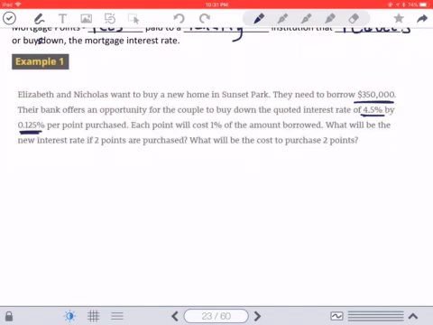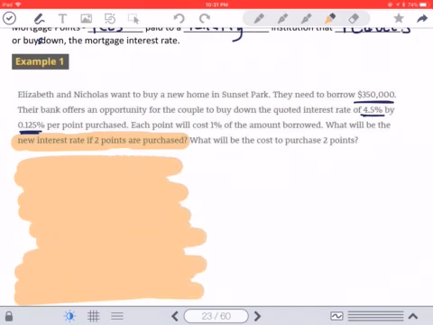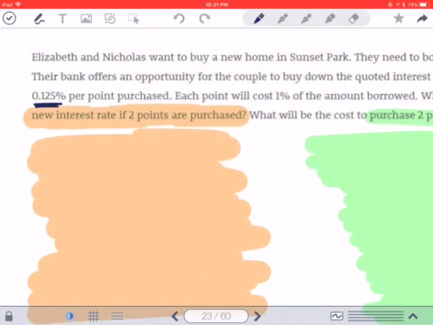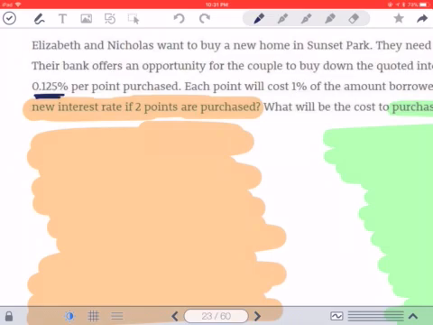All right, so we got two different questions. So the first one is find the new interest rate. So let's do that over here. Okay, and the other one is figure out how much it's going to cost to purchase these points. So let's do that over here. So the first thing we have to do is figure out what 2 points is going to give us. So we're saving 0.125%. That's like 1/8 of a percent.